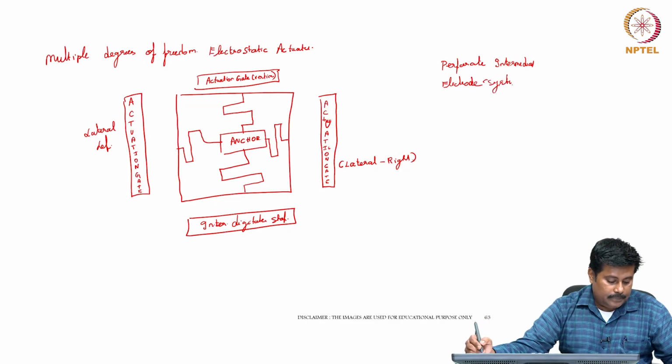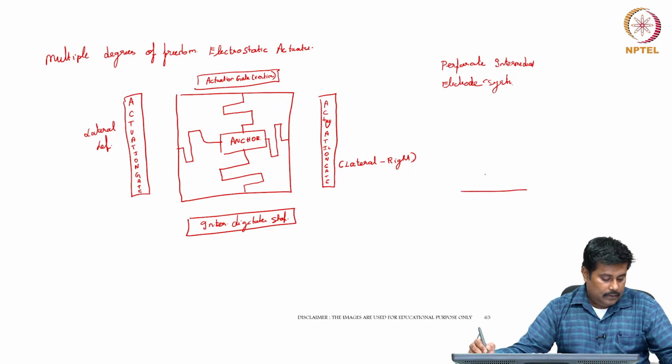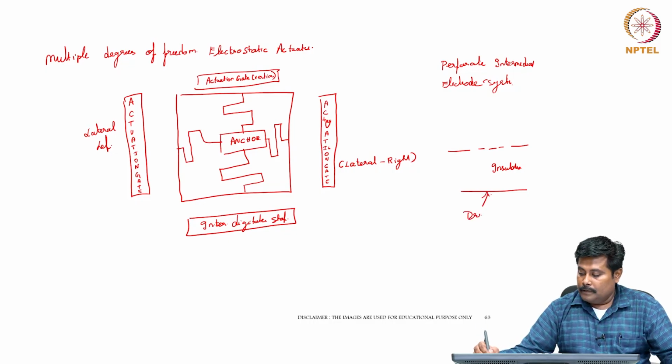As far as this perforated intermediate electrode is concerned, there is a drive electrode, then there are perforated electrodes, then we have the insulators. This is the drive electrode, and these are the perforated intermediate electrodes.